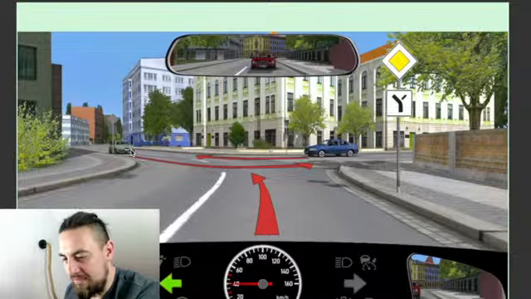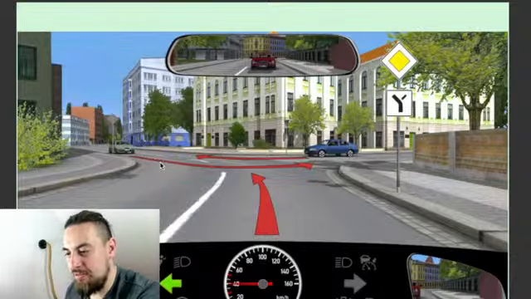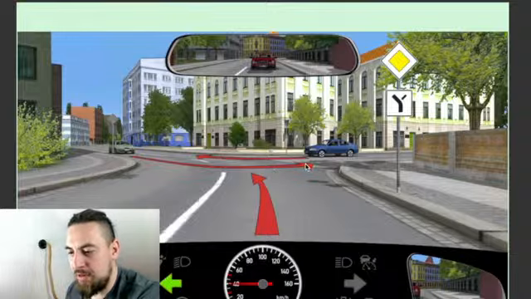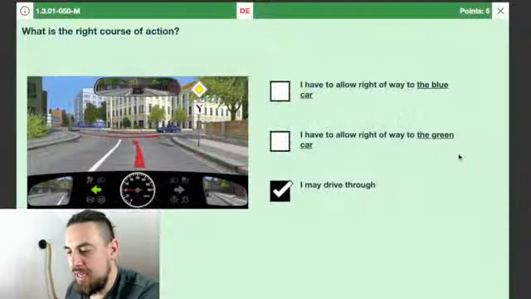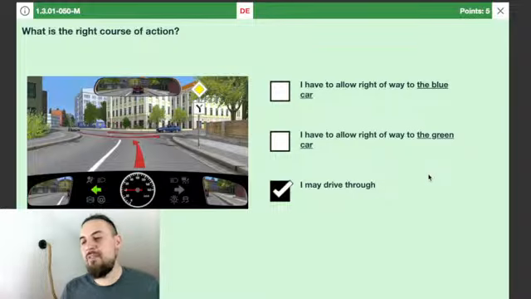The car on the left is on a priority road as well, but he's actually crossing our way, and that's why we can go first. So it's first us, then the green one, and last the blue one. That's why the last answer is correct, and we don't have to allow right of way to the blue car, nor to the green.